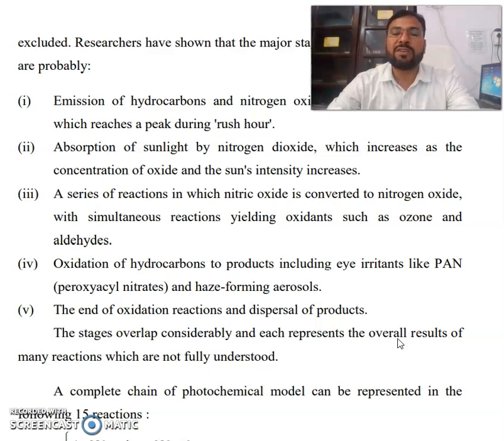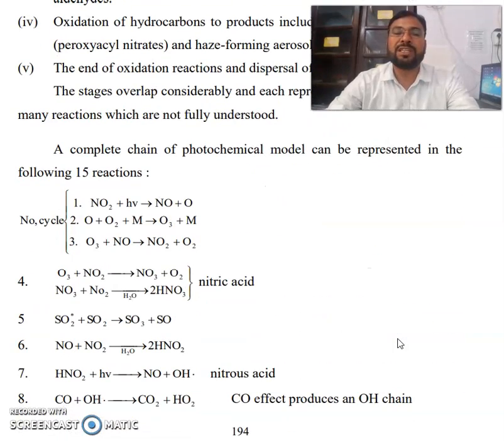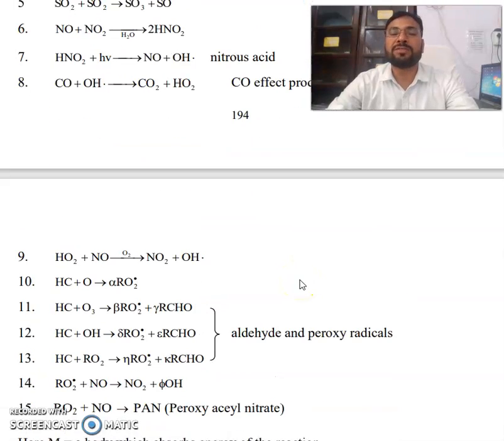A complete chain of the photochemical model can be represented in the following 15 reactions. Look at these reactions, write them down in your notebook and practice them, because these reactions are entirely different from whatever we learn in general chemistry, because here, after radicals, in so many steps you will get products like nitric acid and sulfuric acid, as you have seen.